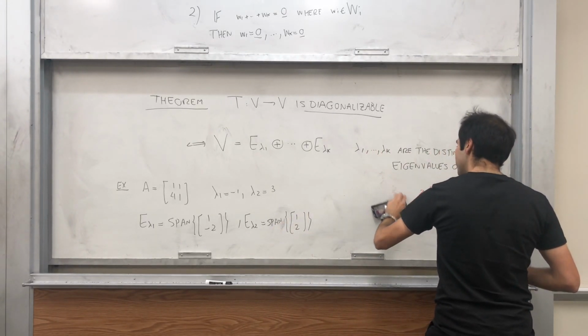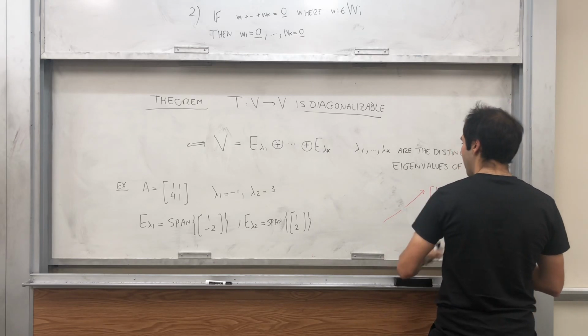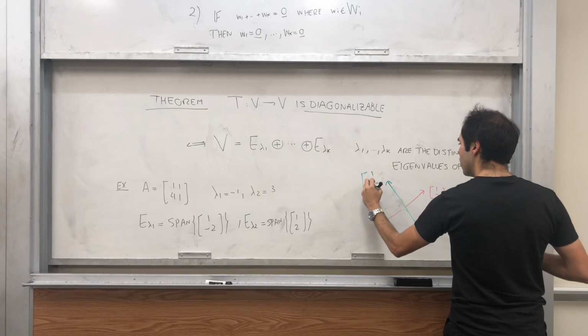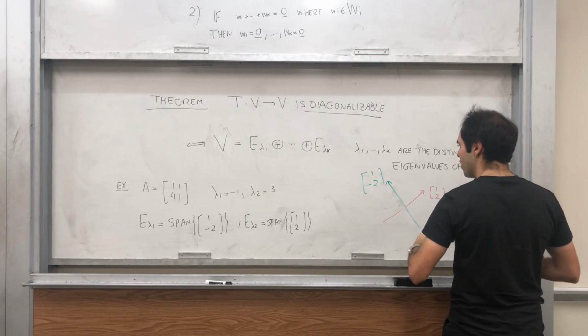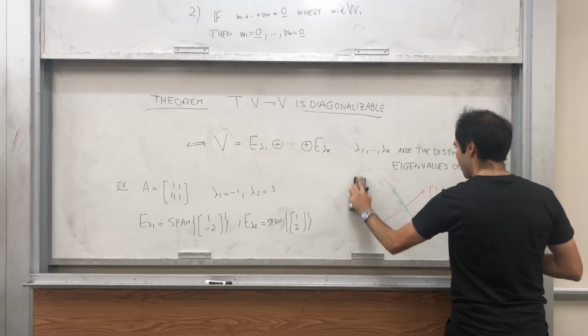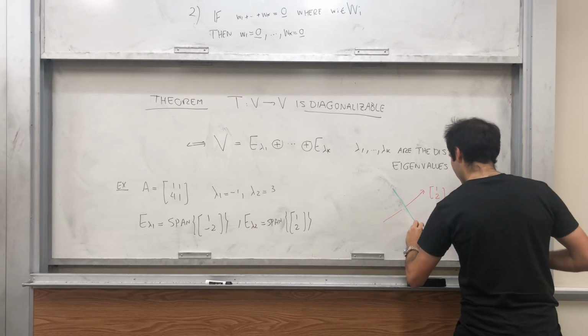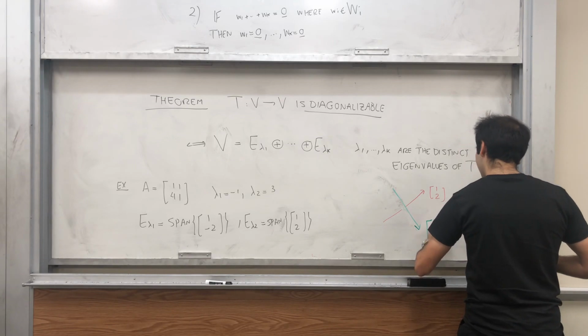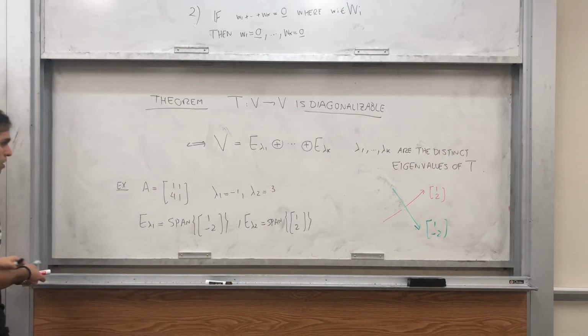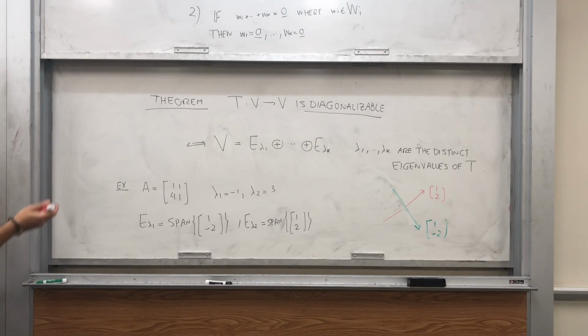So again, in other words, what you can say is R2 has two different axes. One which is directed by 1, 2, the other one directed by 1, -2. And essentially every vector in R2 can be written uniquely in terms of those two axes.